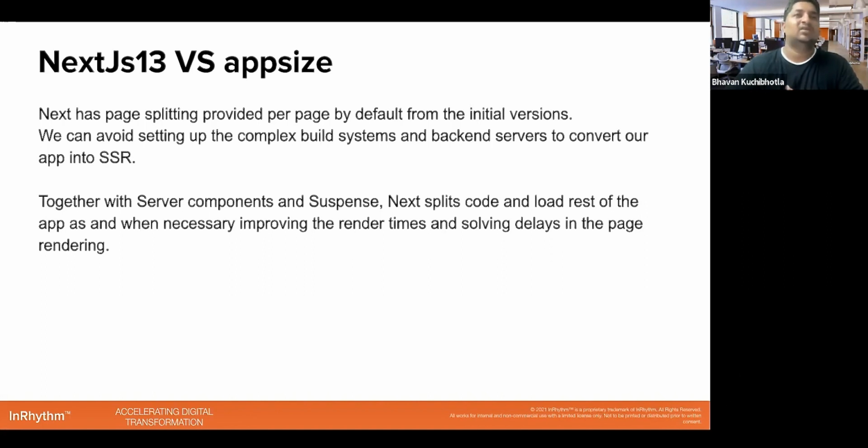So it handles all the routing, and by each page it splits the code. So we don't really have to set up a lot of stuff on the back end and how to split the code. That is handled by Next.js directly. So a lot of our time is saved there.